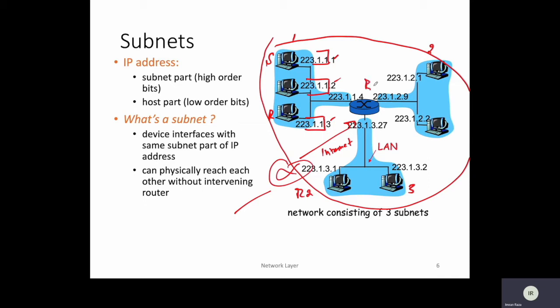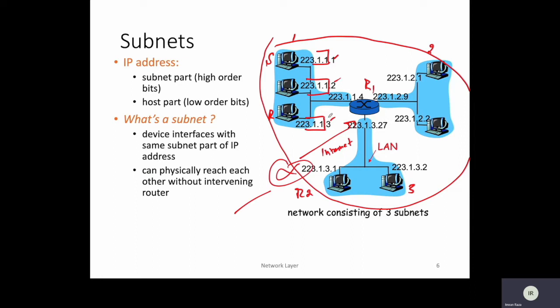If R1 receives a packet from the internet, from router R2 in this case, where should R1 forward this packet to? Either to the subnet 223.1.1.4, or 223.1.2.9, or 223.1.3.27. So on which interface should it forward it?